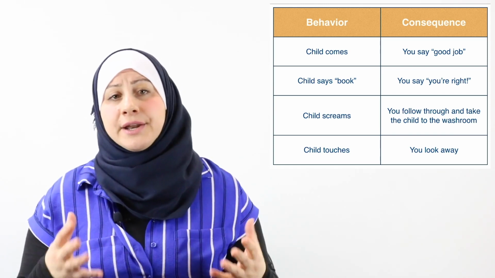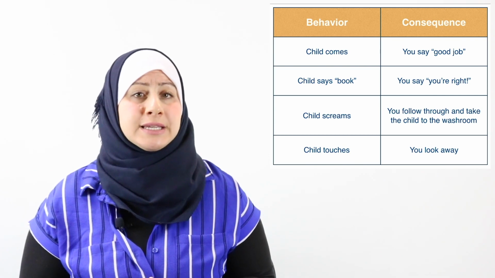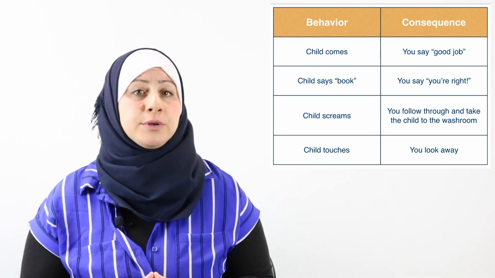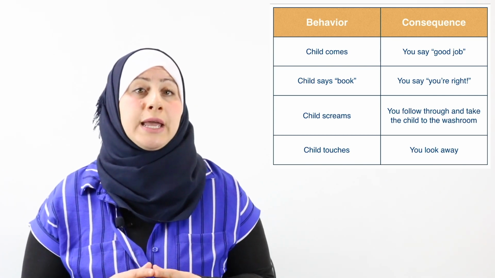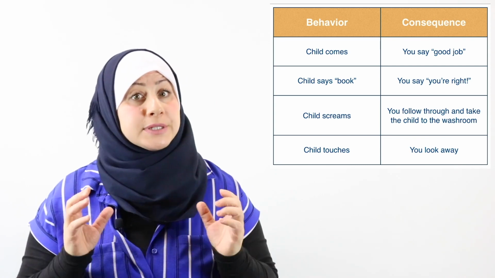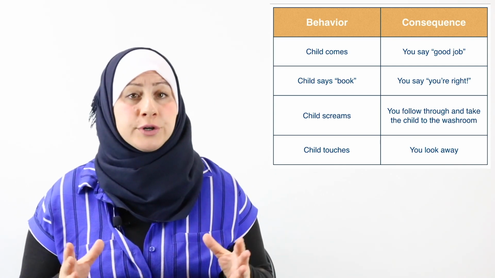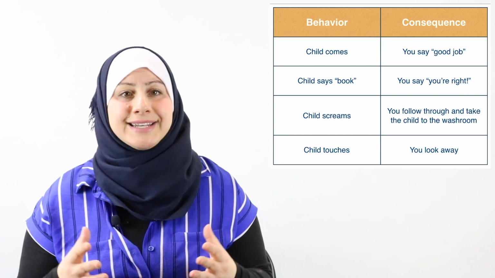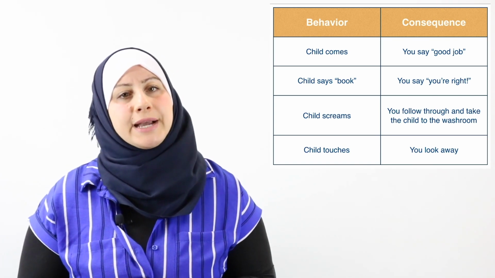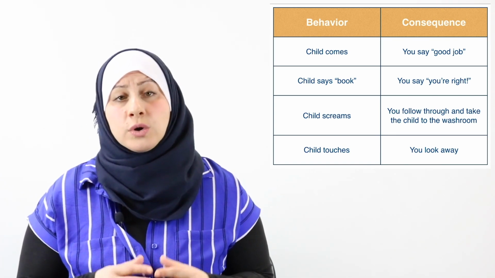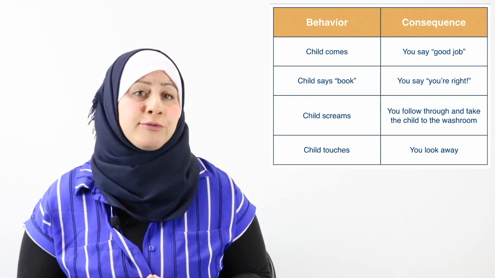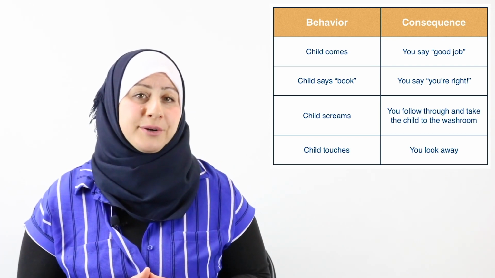Another example that I've seen in practice is the child is working at the table and begins to drift away and look at the wall. The therapist immediately pulls out a new reinforcer, and the child is attending again. When we react to behaviors in this way, we're inadvertently reinforcing the problem behavior.